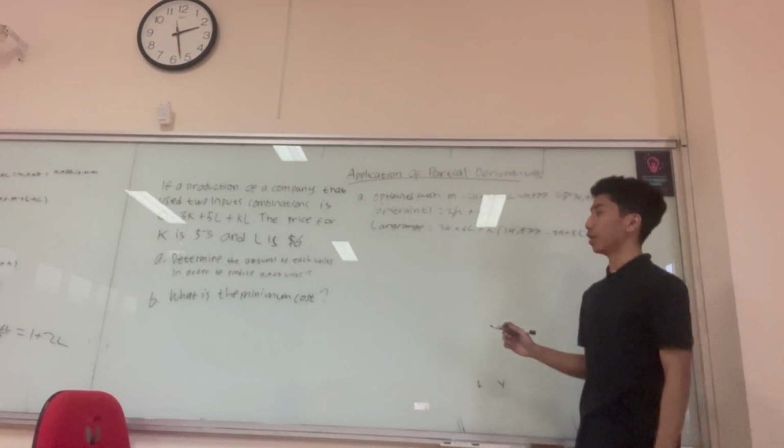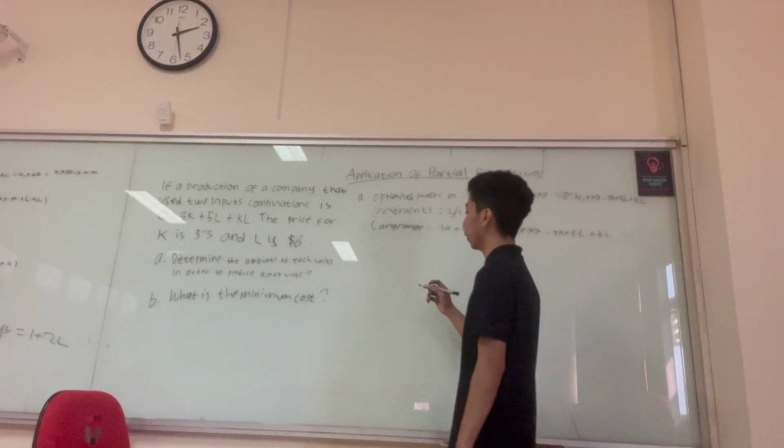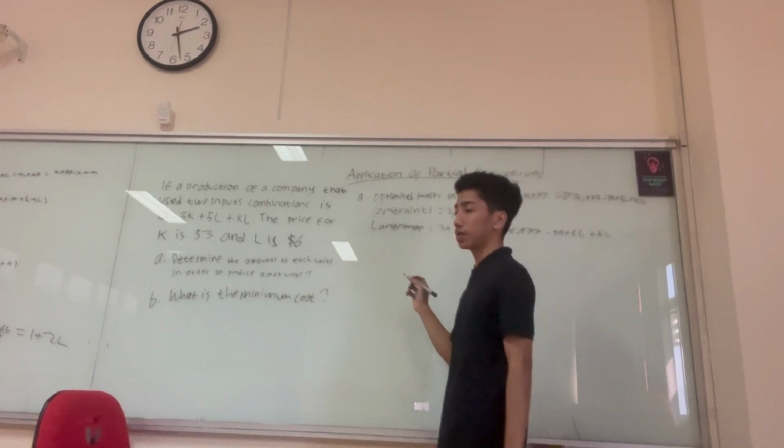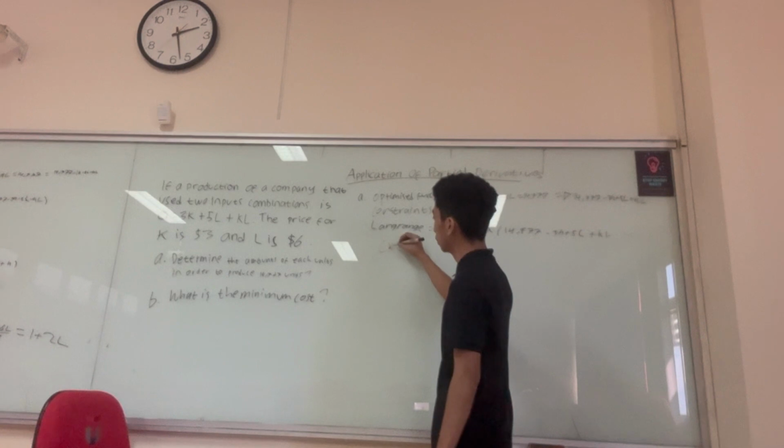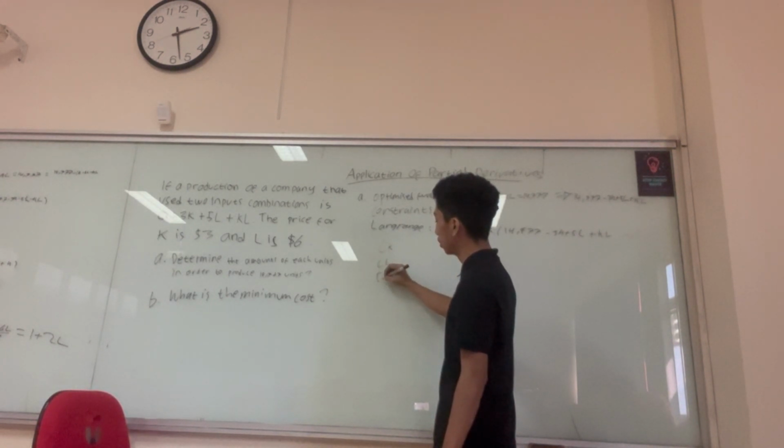And for the next step, we have to find the partial derivatives of each variable. So CK, CL, C lambda.